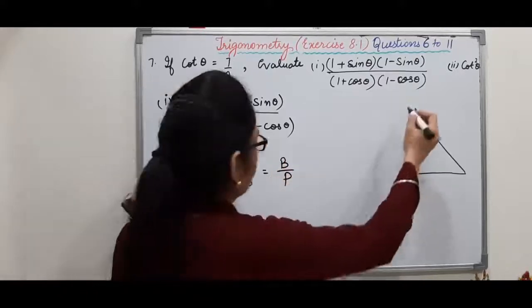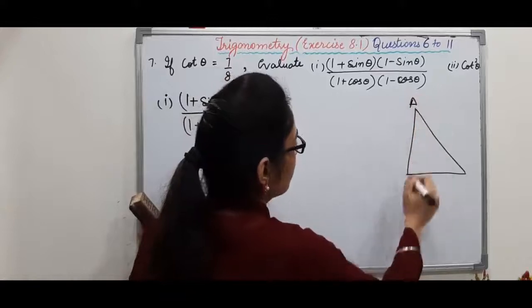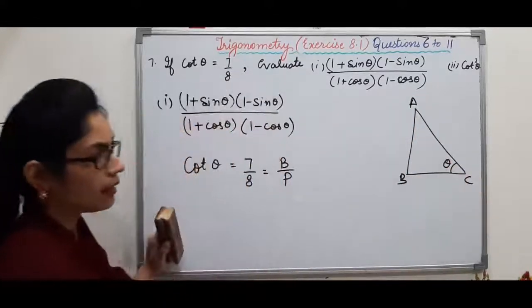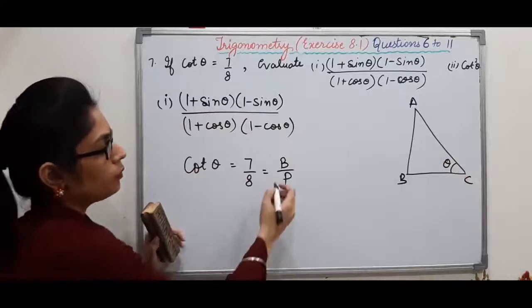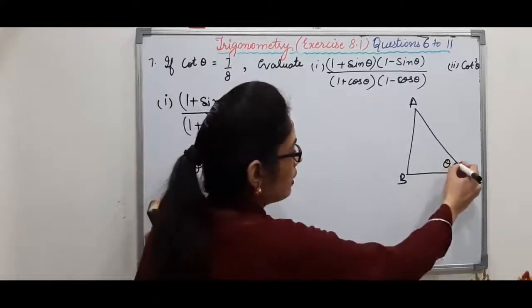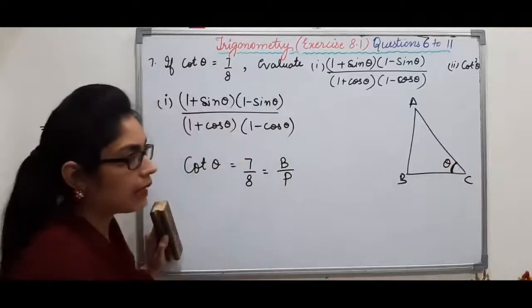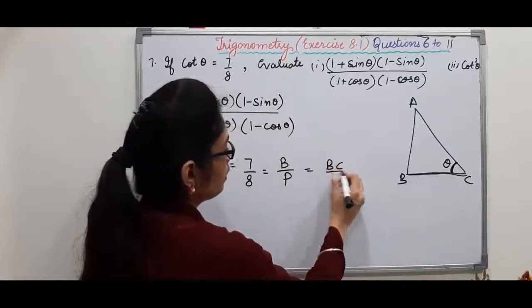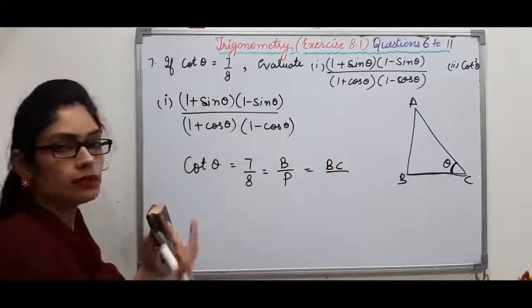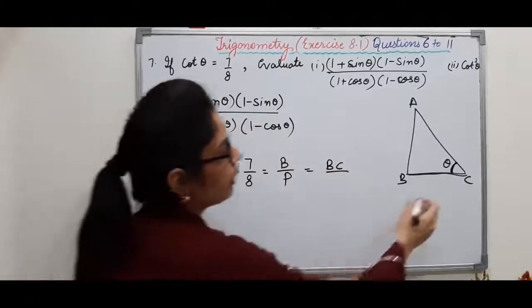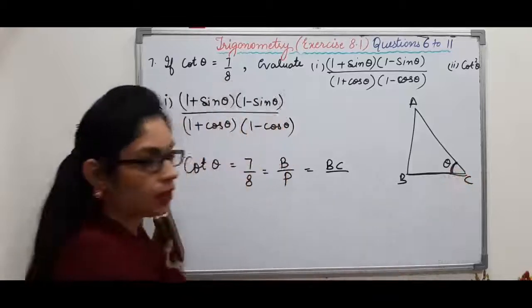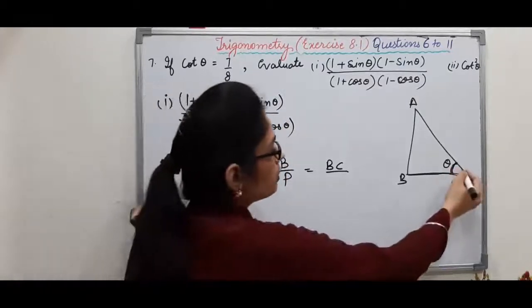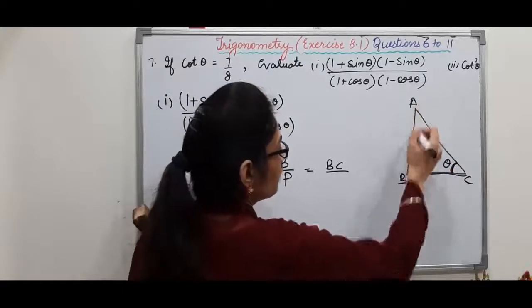If I take this triangle ABC, let's assume angle theta is at C. With respect to this theta, the adjacent side is the base, so the base is BC. Opposite is perpendicular and adjacent is base. So opposite to this theta is AB.